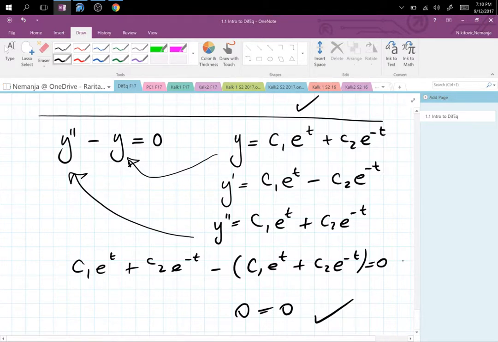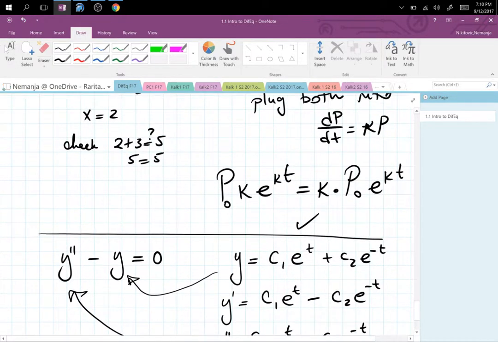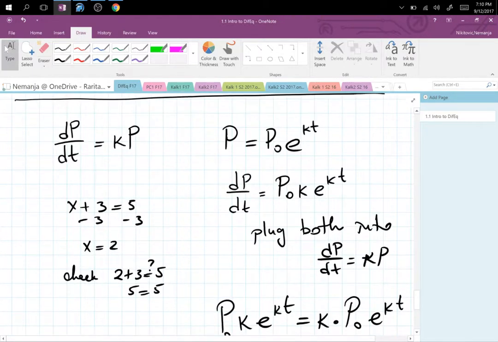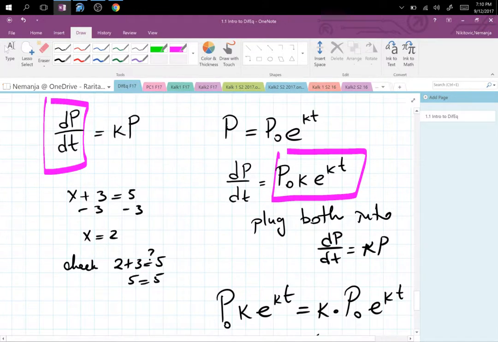Yes? P0 is a constant. We copy it. Right? Actually, colors: this was replaced by this, which is here.